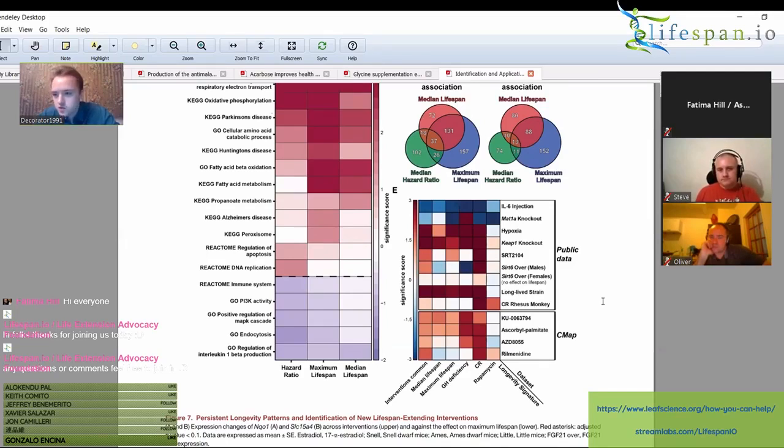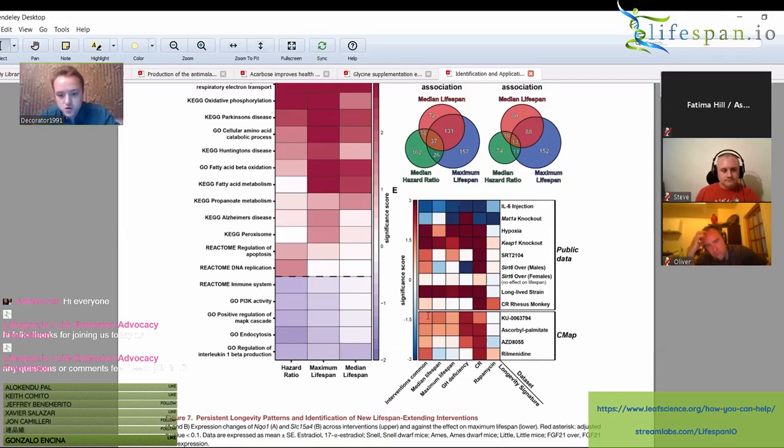So we used this signature, and then we chose 4 drugs from the top ranked list, which already have convenient designs for experiments in mice, and which can be orally supplemented to mice. And then we gave them to mice for 1 month and looked at gene expression changes in response to these chemical compounds.